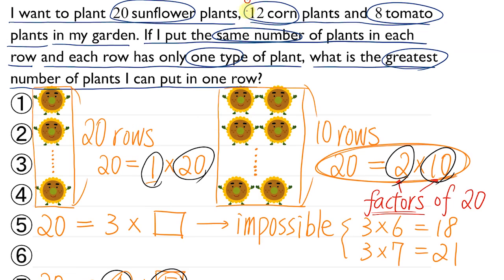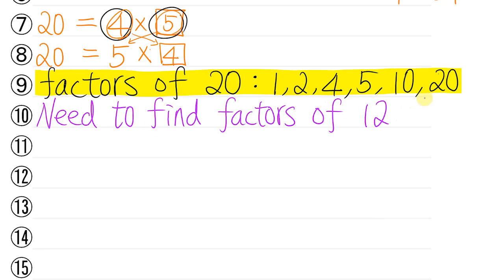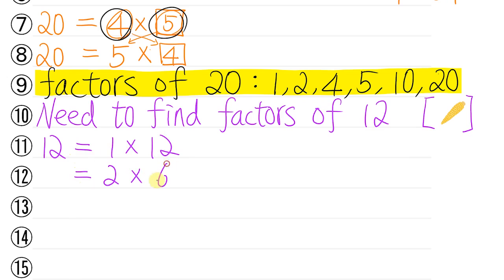And similarly, I have 12 corn plants, so I know I need to find factors of 12 for the corn plants. Here we will also use the mathematical way of finding the factors. 12 can be written as 1 times 12. It can also be written as 2 times 6, and also 3 times 4.